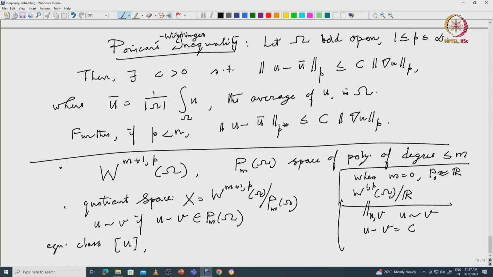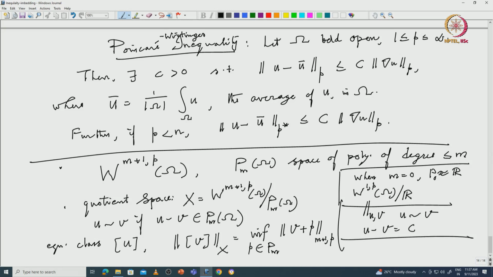So how do you define a norm? On X, the norm of the equivalence class is the infimum of the norm of v plus p in W^{m+1,p}, for all p in P_m.